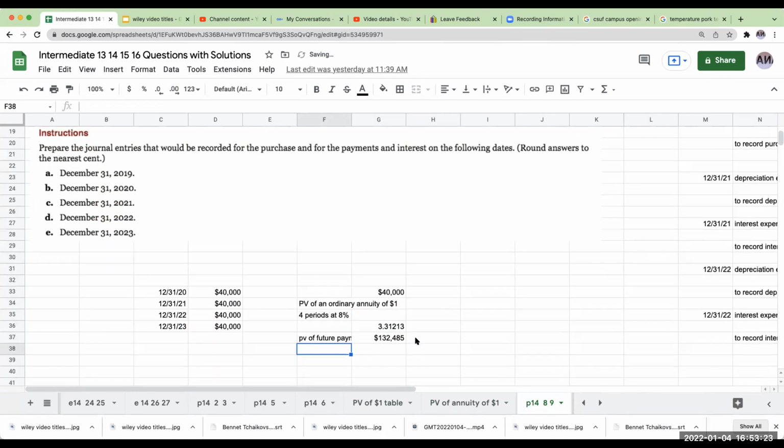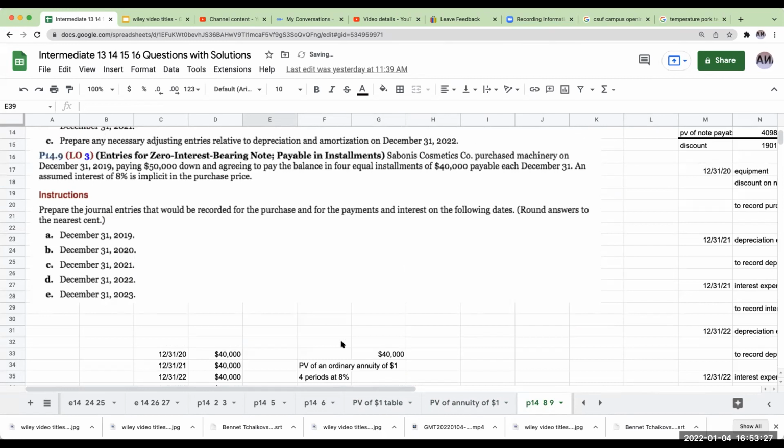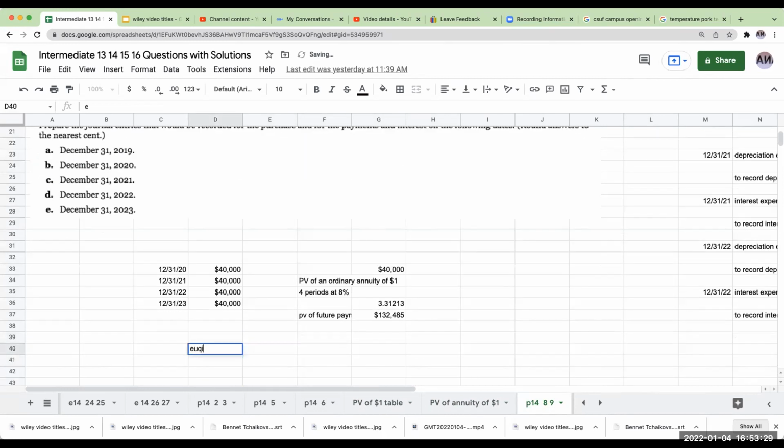Okay, so the total amount that I'm going to be recording this machinery for is my down payment of $50,000, because that amount is paid on 12/31/19, plus 132,485.